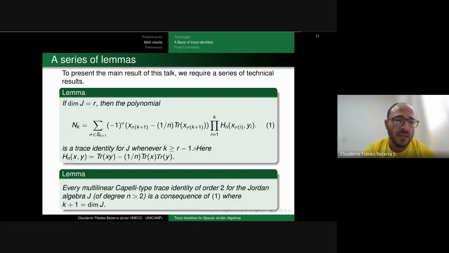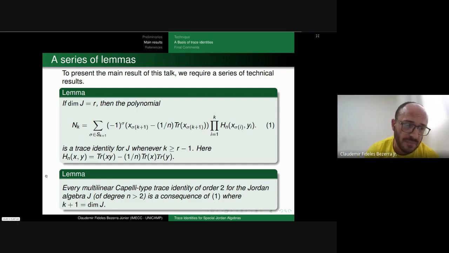The first one: if the Jordan algebra has dimension equal to R, then this polynomial is a Capelli type trace polynomial and is an identity for the Jordan algebra whenever this k is greater than R minus 1. Here the symbol is that polynomial, the trace polynomial. This is a trace identity of the Capelli type for the finite dimensional Jordan algebra.